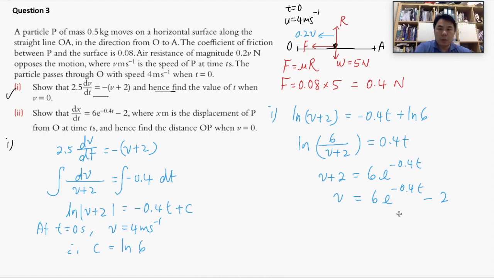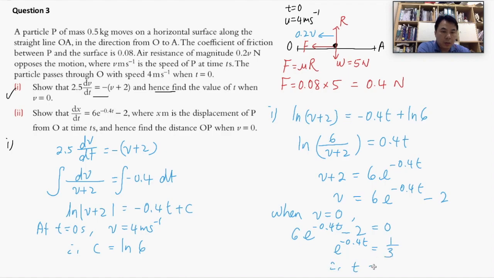Now, that's the equation for velocity with respect to time. Now we need to find t when v is equal to 0. We have 6e to the negative 0.4 t minus 2 is equal to 0. So here we have e to the negative 0.4 t is equal to 1 over 3.